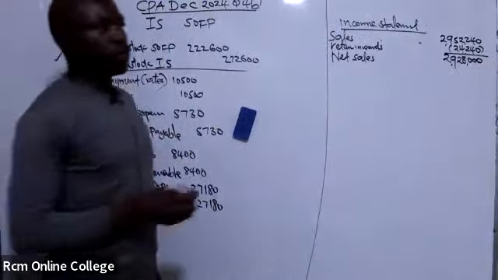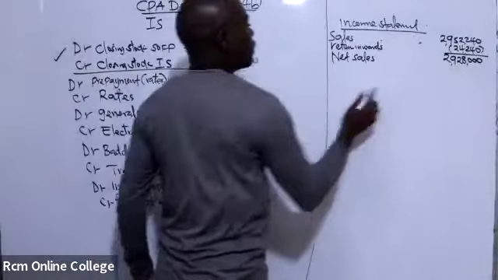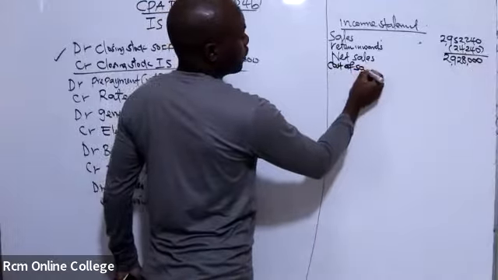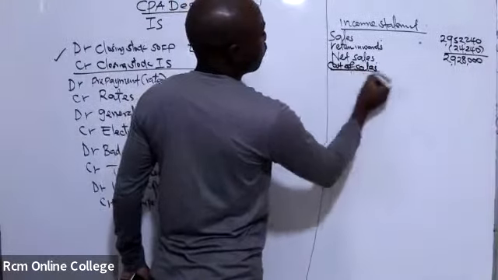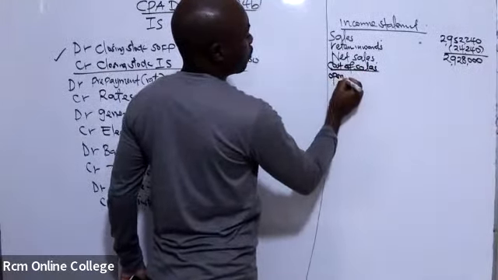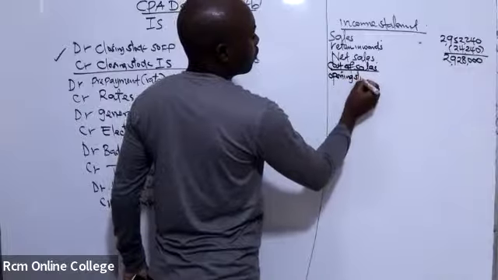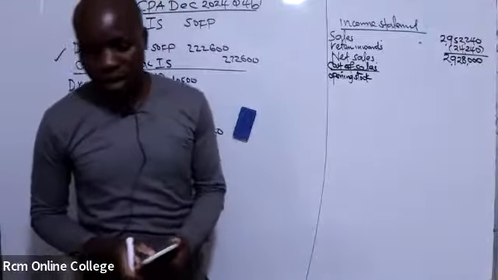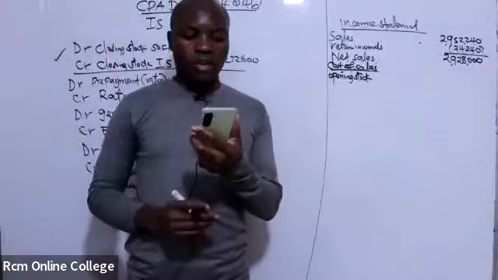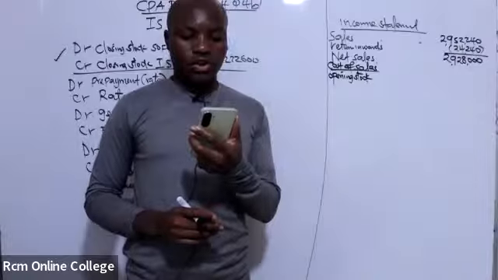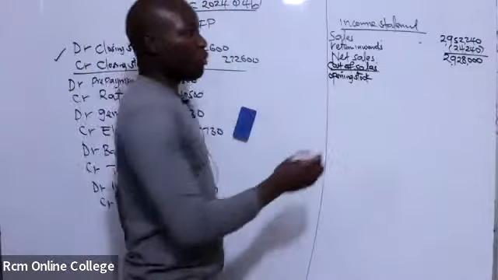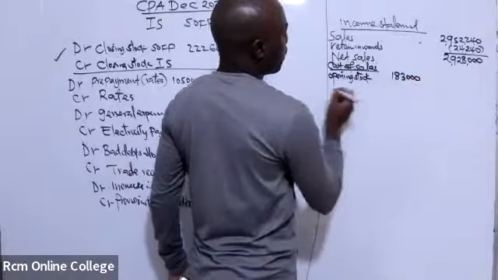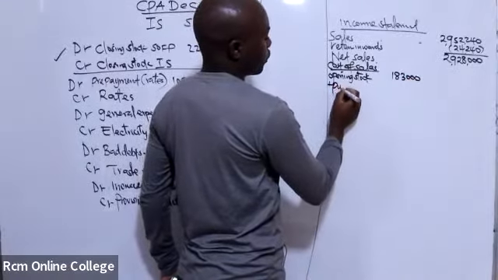To the net sales, we need now to consider what we call cost of sales. So for cost of sales, we start with opening stock. Do we have opening stock in the trial balance? Yes. Inventory as at 1st of October 2023 is 183,000. Then you need to add purchases.